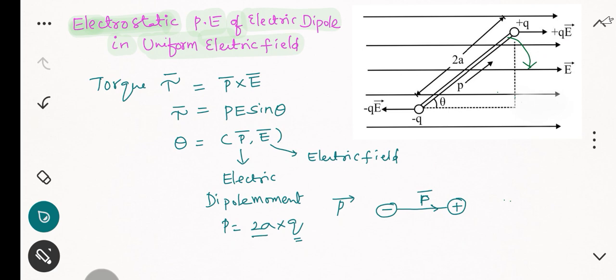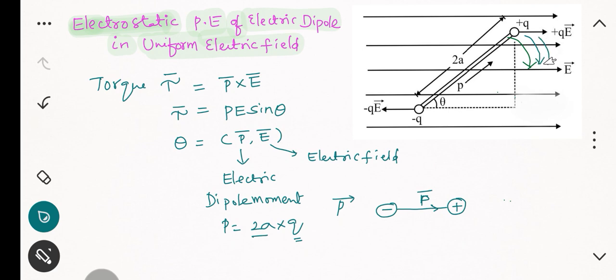Now, this torque is responsible for the rotatory motion of the dipole towards the electric field.